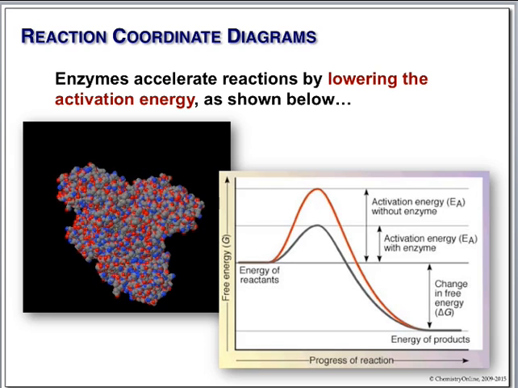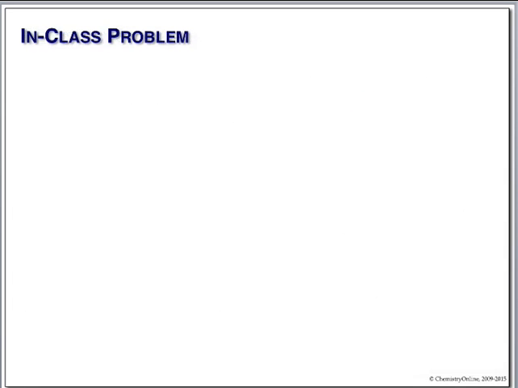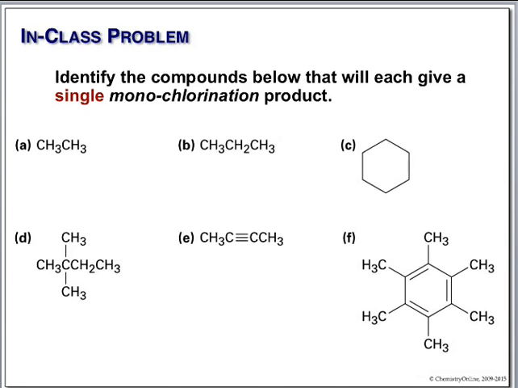And that is how enzymes work. That's why you can do very complex reactions with very little energy input. It's the binding energy to this enzyme that lowers the transition state. Kind of neat.